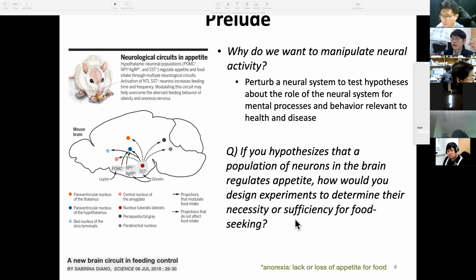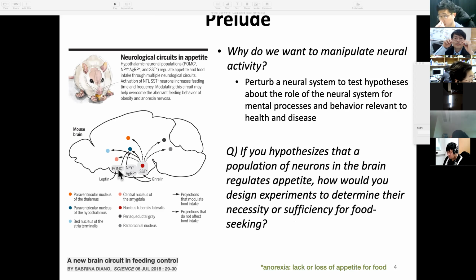Let's say I took out this POMC area by ablation, and then the animal is not seeking food anymore. You can't simply say this is an appetite gene or appetite neuron you discovered. You have to be careful, because that would be wrong.